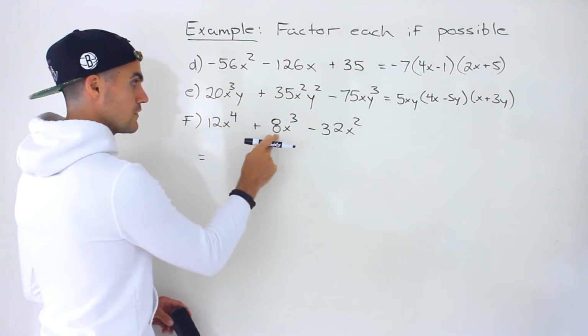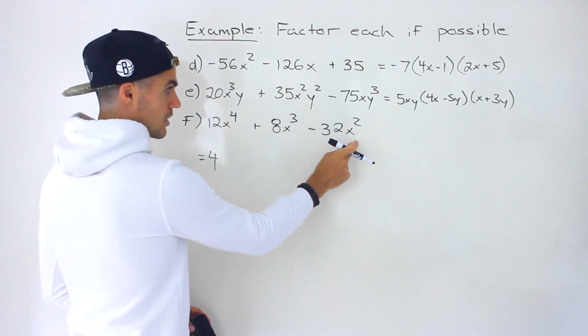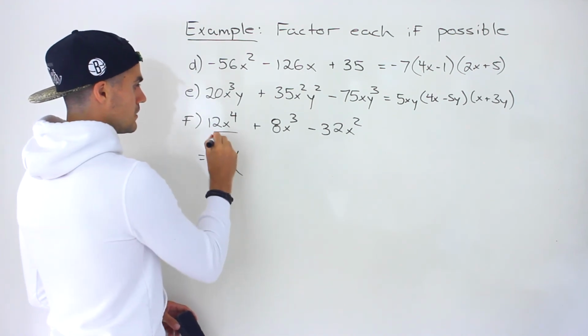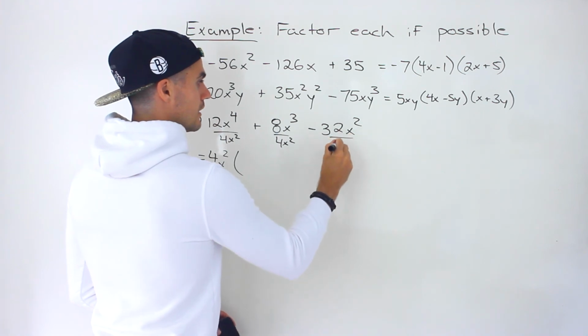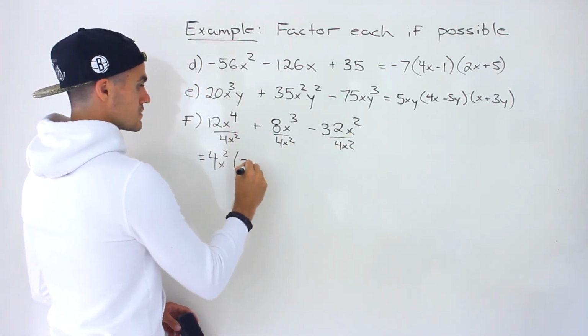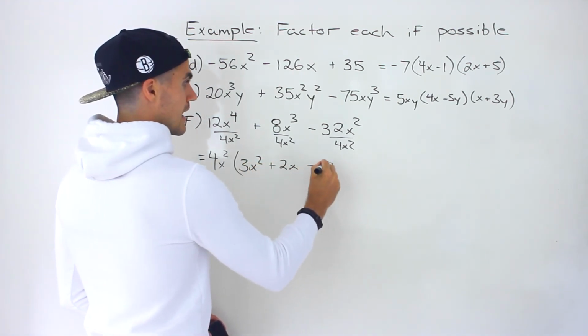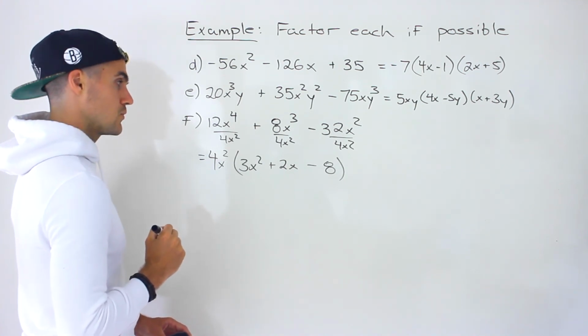So between 12, 8, and 32, we could take out a 4. Notice there's an x common in all of these. X to the 2 is the lowest exponent. Dividing this, and dividing that. 12 divided by 4 is 3. X to the 4 over x to the 2 gives us x squared plus 2x minus 8. Like that. So that's what we end up with.